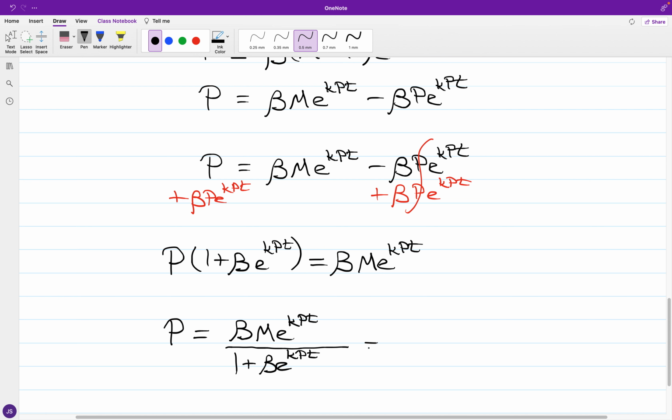And in the notation that some authors like to use, they like to keep it to just one exponential term, but this is one way that you can express this.